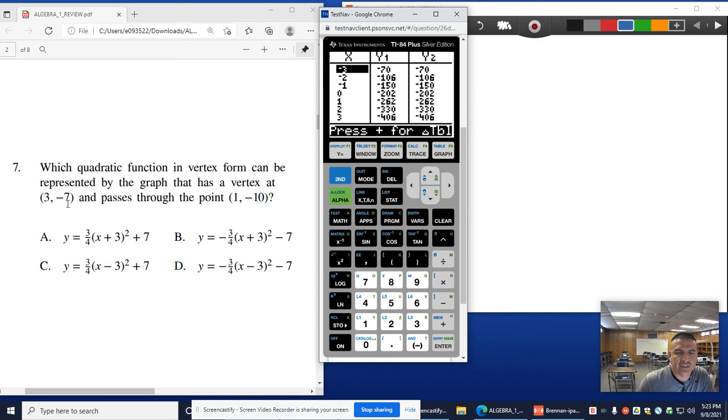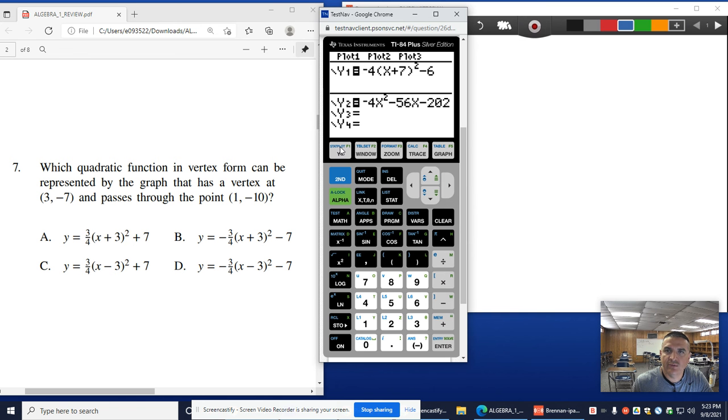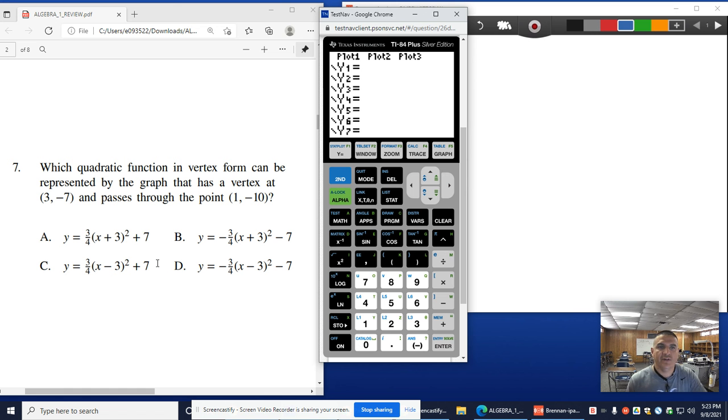Now, if it's in vertex form, you should be able to see the vertex right away, right? What does that mean? I know exactly when I look at it. So it should be the -3 with the -7. But again, go to your y equals, use the backspace, good. And we can just graph these and then check those points.